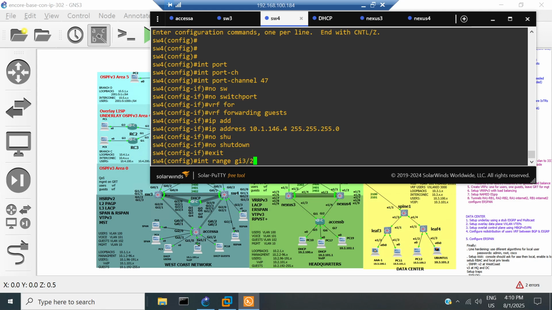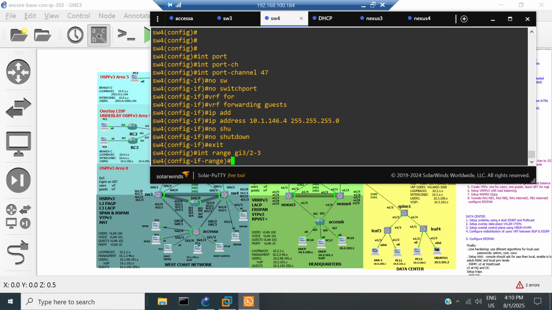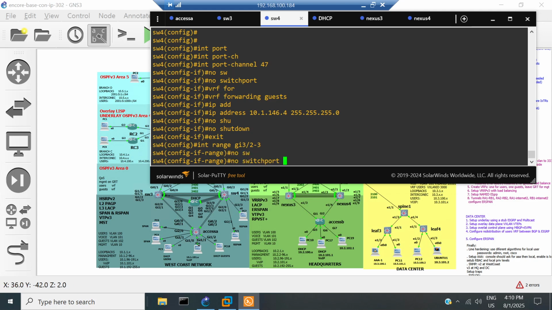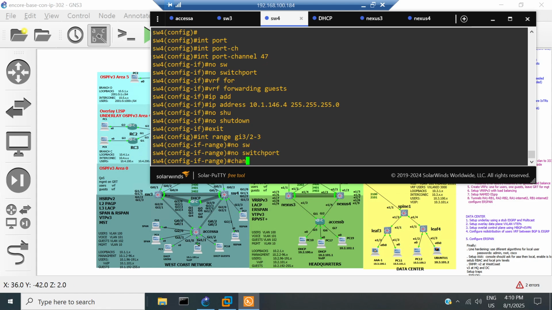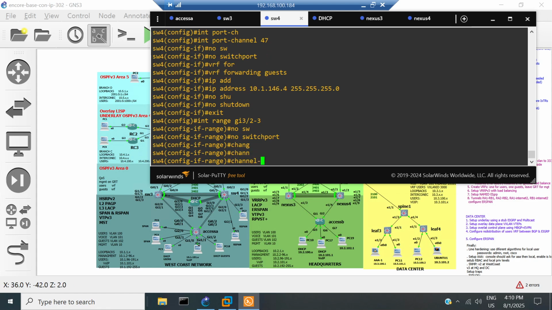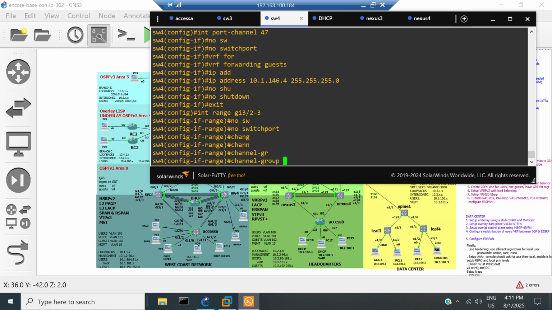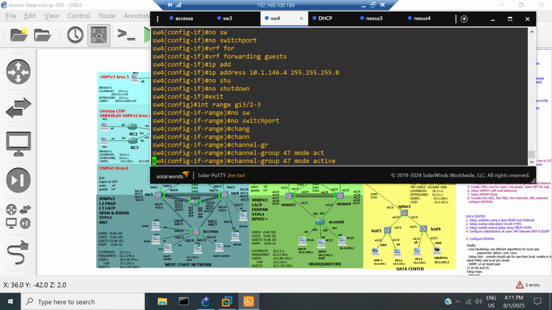Gigabit 32 to 33. How do I know these are the interfaces? Because I am looking here at the diagram. No switchport to turn them into layer 3 interfaces, and then channel group 47 mode active.